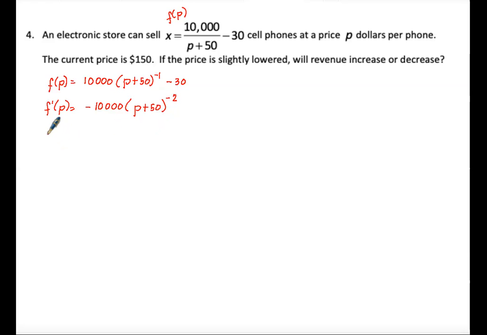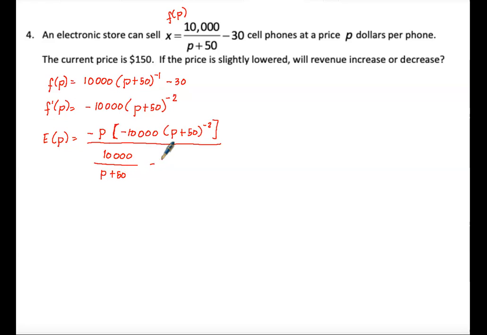So our E of P is equal to negative P times F prime of P, so times negative 10,000 times (P plus 50) raised to negative 2, divided by F of P, which is 10,000 over (P plus 50) minus 30.